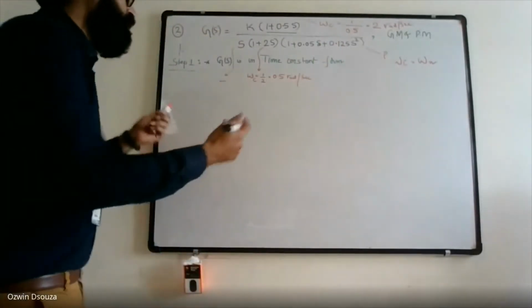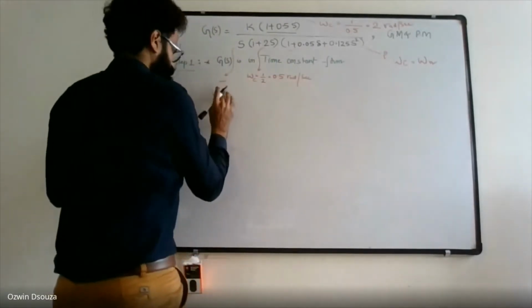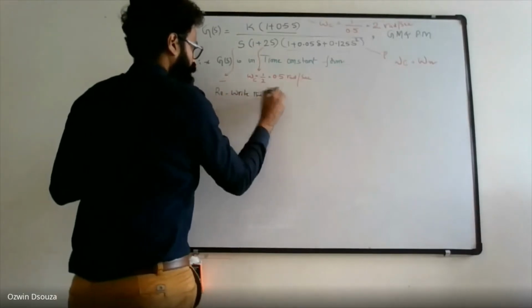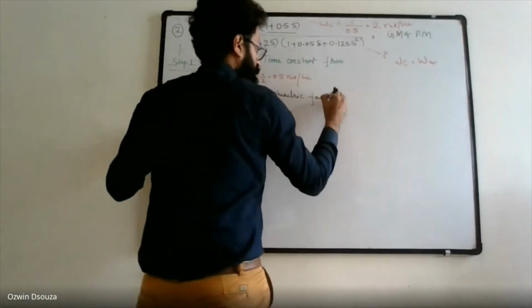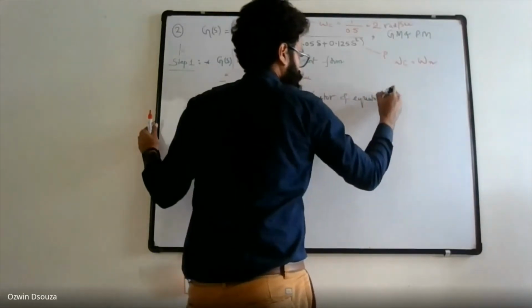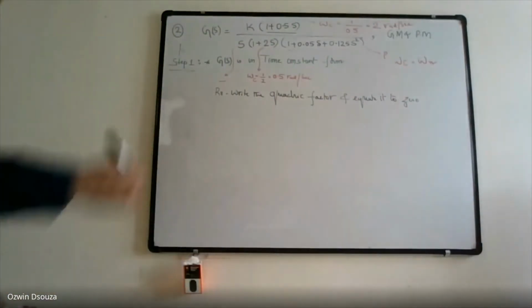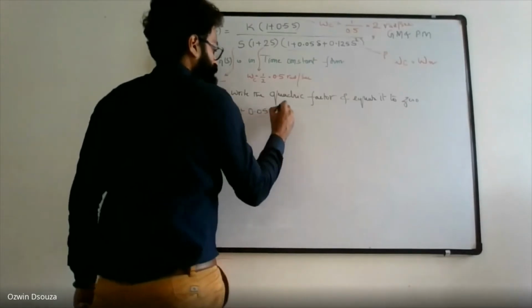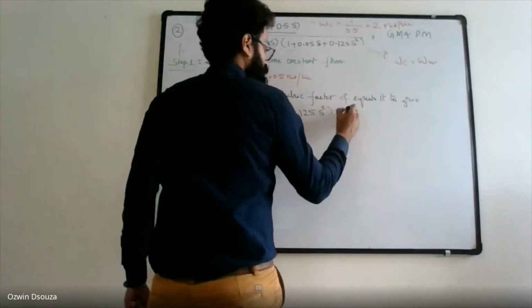You can rewrite the quadratic factor and equate it to 0. So we have 1 plus 0.05s plus 0.125 s squared is equal to 0.